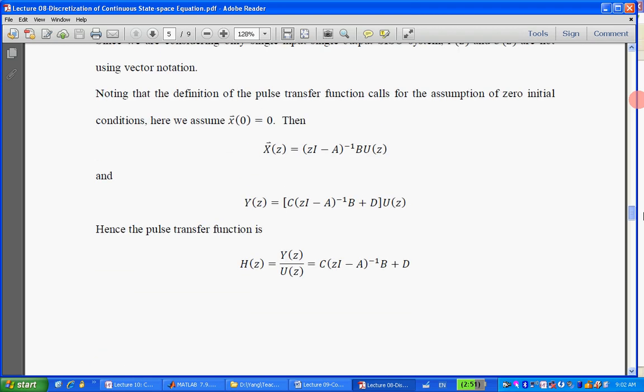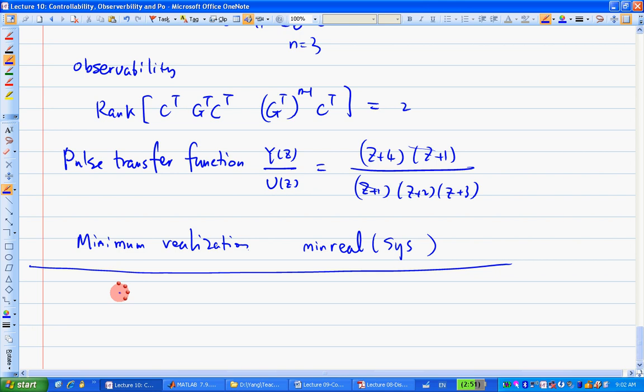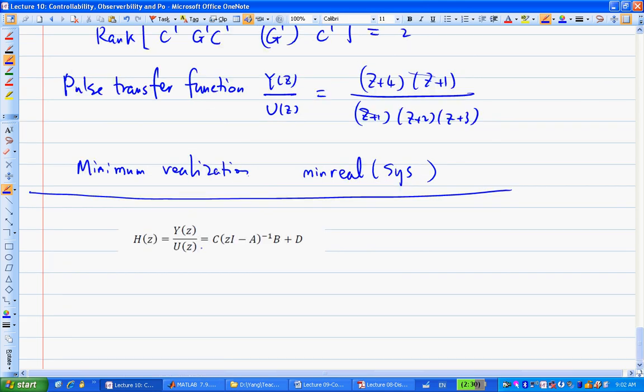There we go, right here. Remember this formula? So you should use this one. Really, in general, when you have a discrete state model, you should try to use this one to derive the transfer function.